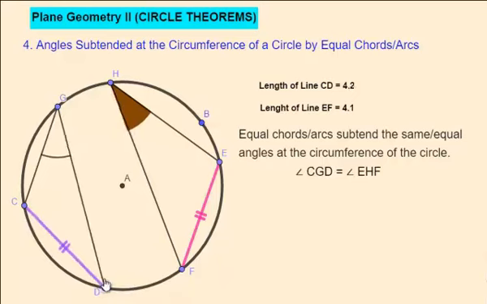So let me bring them back. Now the chords have the same length as you see on your screen. And let me bring angle CGD also back. So this is all about the property.